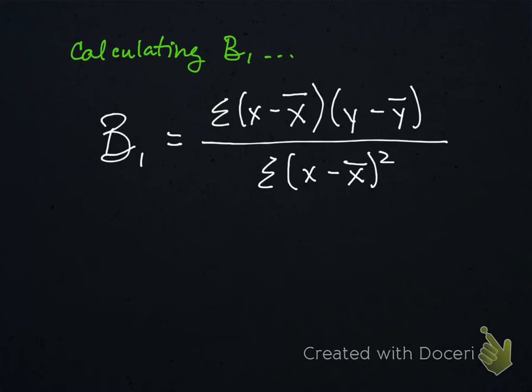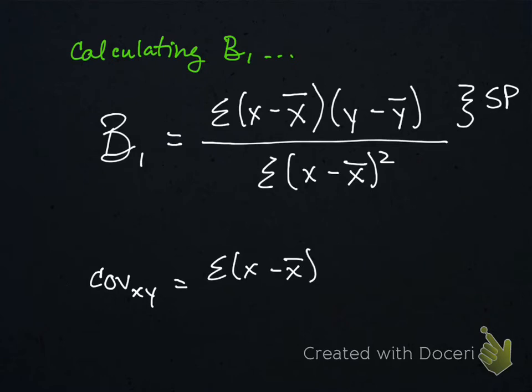At first glance, this equation might look a little bit new to you, but hopefully the component parts of this equation are a little bit more familiar. For example, in this numerator here, we described this in the last review of correlation as our sum of cross products. And as it happens, this is also the numerator for the covariance that we standardized to calculate our Pearson's correlation.